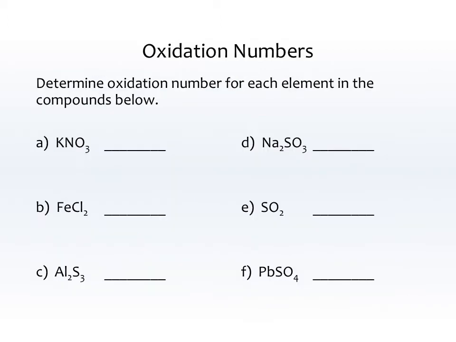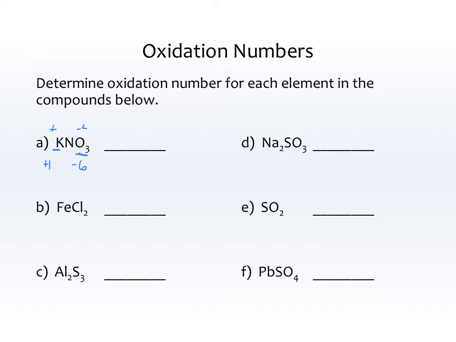These are some examples of how this works out. Here we've got determine the oxidation number for each element in the compound below. So if I have K, K is an alkali metal, it will always be +1. Then I have O, oxygen, will always be -2. But there's 3 of those -2s, so that's really a total of -6. And there's 1 potassium, that's +1.